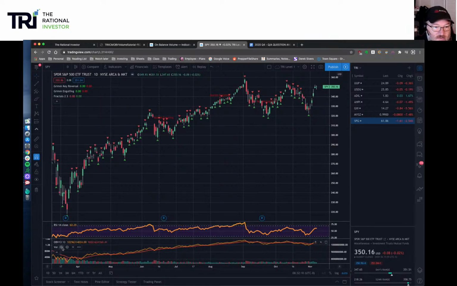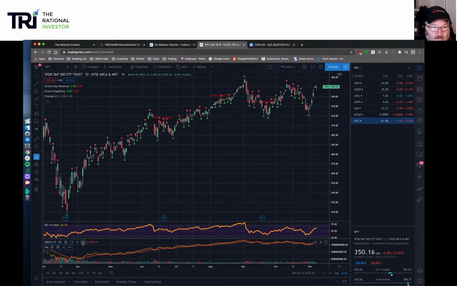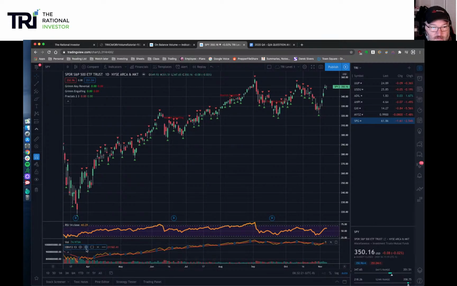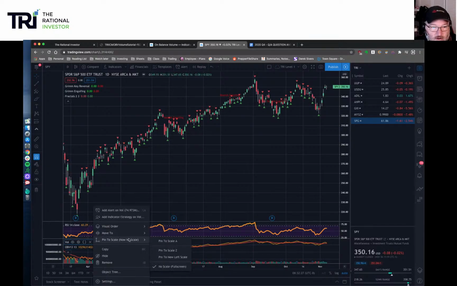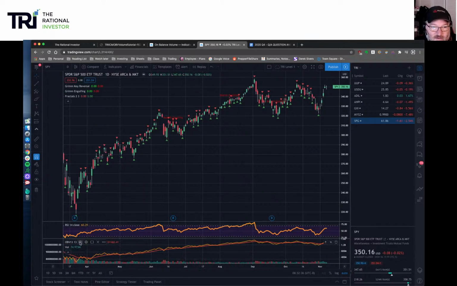If we take the volume, and I'm going to do an intermediary move here, and I go pin to full screen, I go OBV pin to left scale, right? And then we take the volume and pin this to the right scale, pin to scale A, I think that's called. Yep. Then that's what that's going to do.